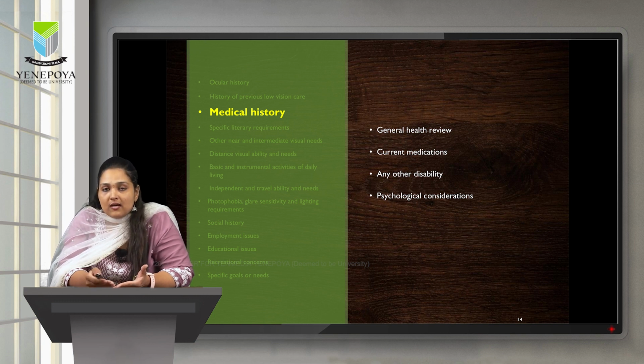According to the Government of India, a person is eligible to get a disability certificate if a certified government ophthalmologist certifies that the patient has a low vision condition, then he is a certified disabled person. So, does the low vision patient have any other disability, and is the patient under any psychological consideration?